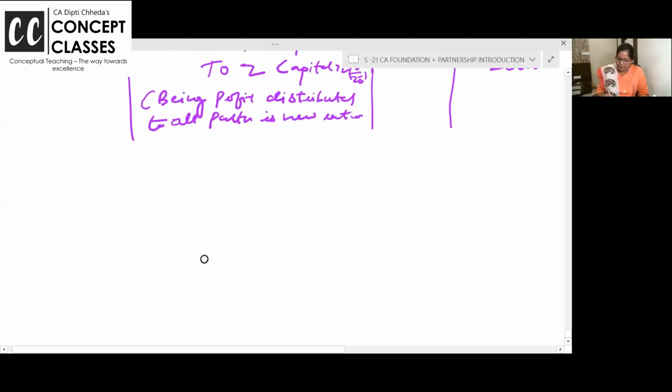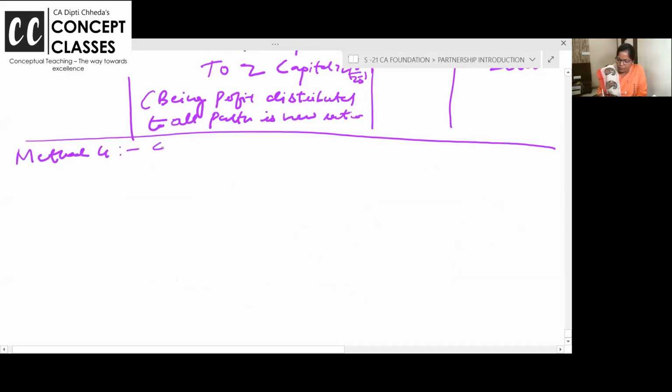Oh, yeah. I will call it method 5. Method 4th is कि वो दे देते हैं अपने आप directly. If you want, you write down. Method 4. Goodwill paid privately. Put a dash, write down no entry. If goodwill is paid directly, no entry in the books. Method 5.